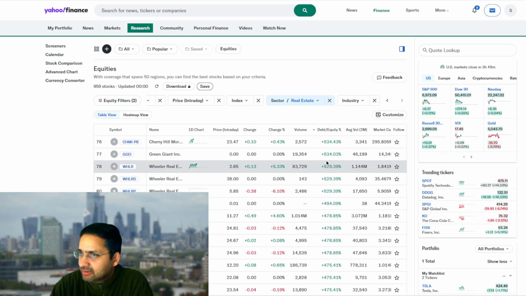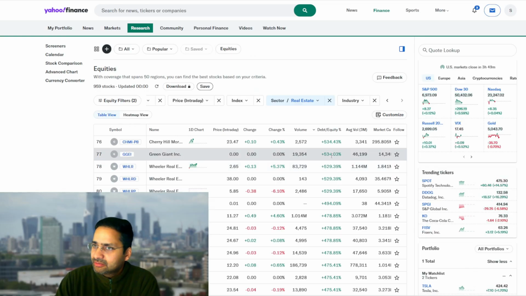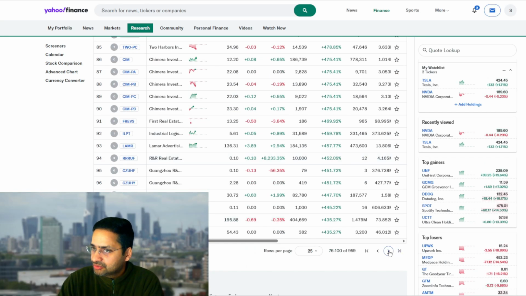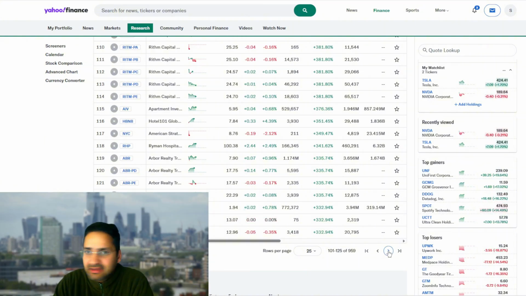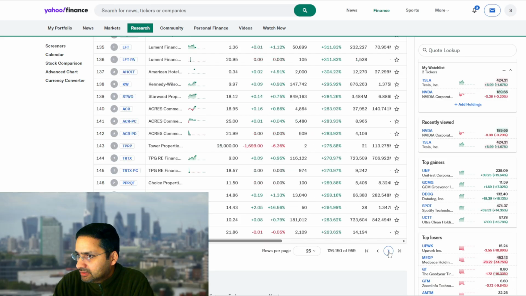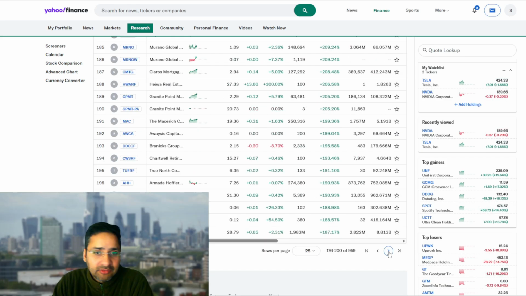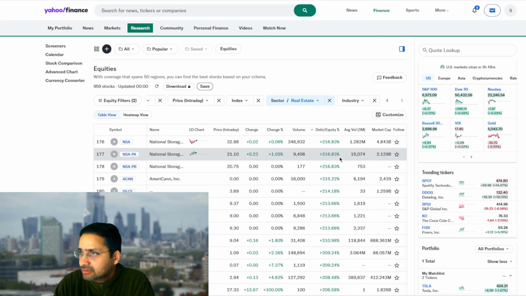So remember, the debt to equity ratio for real estate companies, the good range should be around 2, maybe 2.5, but a lot of companies have a high debt to equity ratio. But having said that, it also depends, because this is not the absolute metric that you should go after.